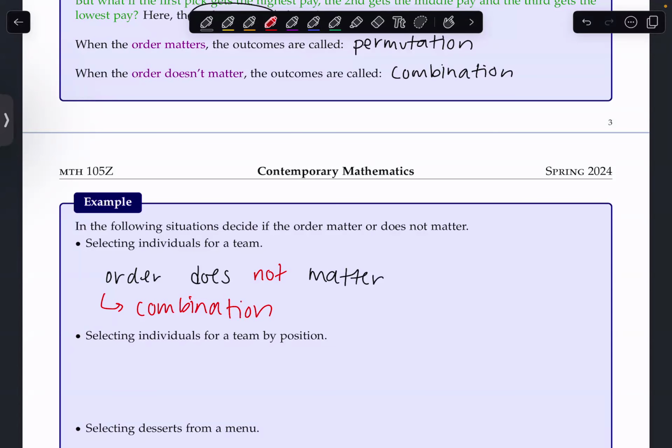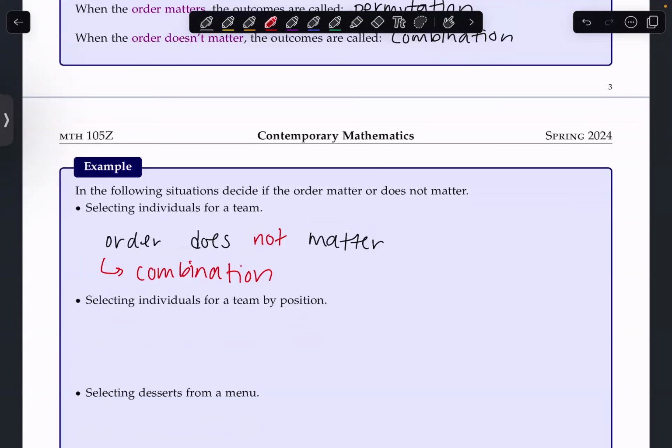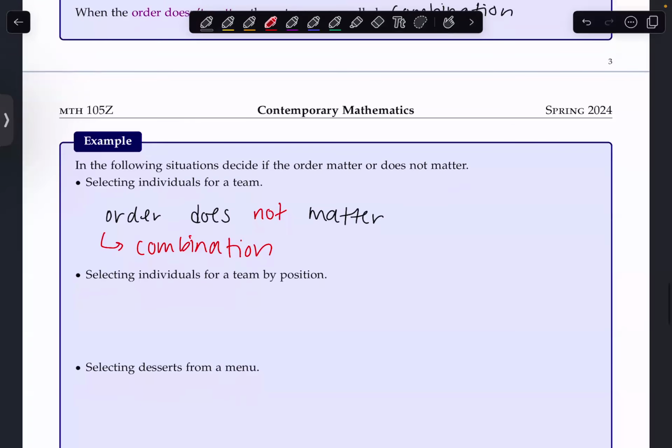Okay, let's change it slightly. Let's say we selected individuals for a team by position. So let's say I was picking a soccer team, and the first person I chose was the goalie, the second was a forward, and so on. So depending on when I chose you, it dictated which position you were going to be. So here we can see, depending on when I choose you, it will make a difference.